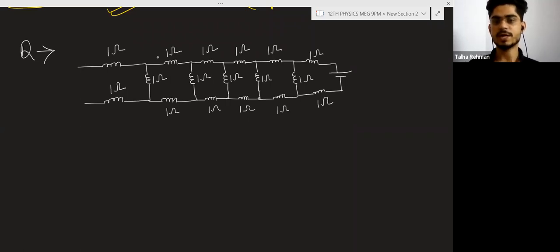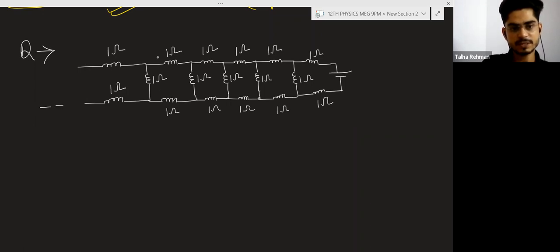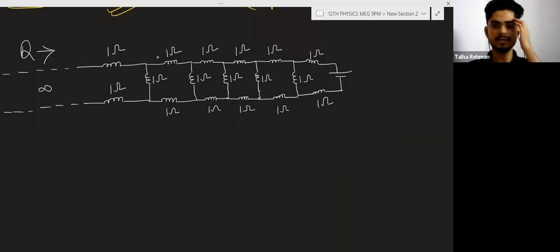This combination is very large, an infinite combination. There are a large number of resistances connected like this.